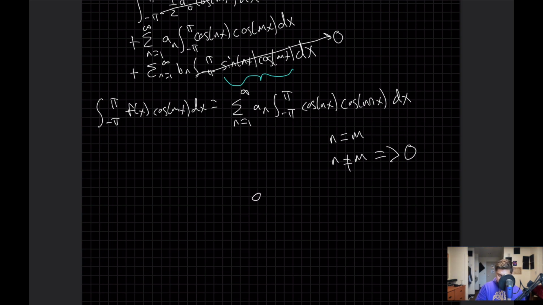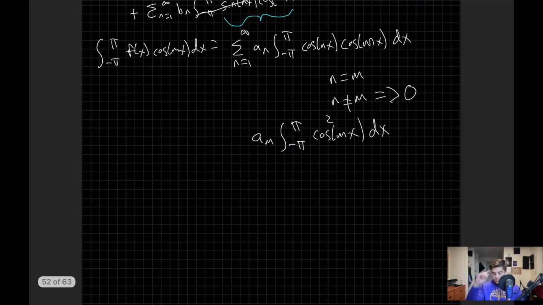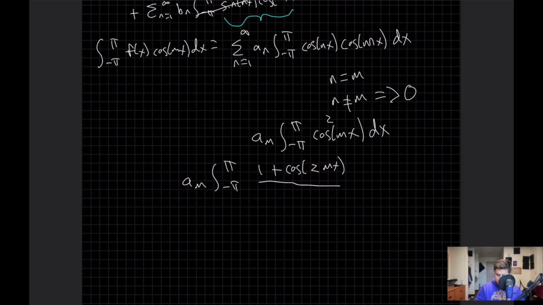So we have a sub m times the integral of negative pi to pi of cosine of mx quantity squared dx. And now how do we solve this? So we have to use a double angle theorem that says this integral is equivalent to 1 plus cosine of 2mx all over 2 dx.